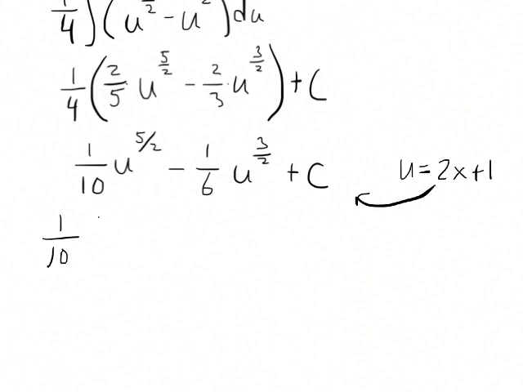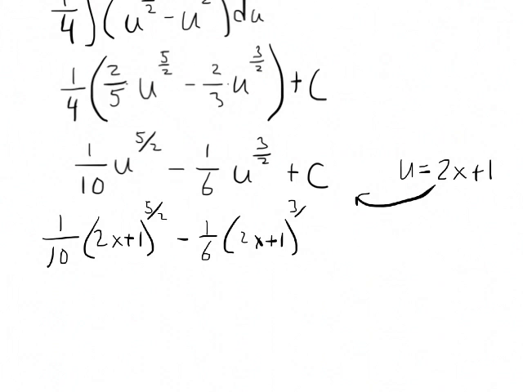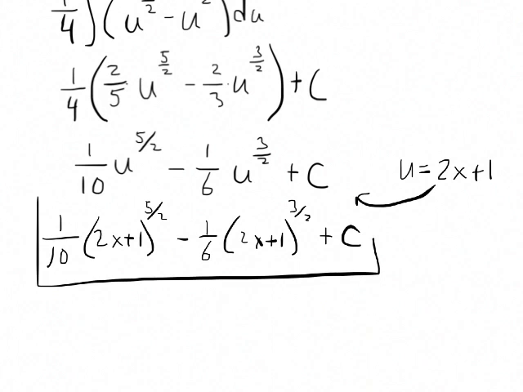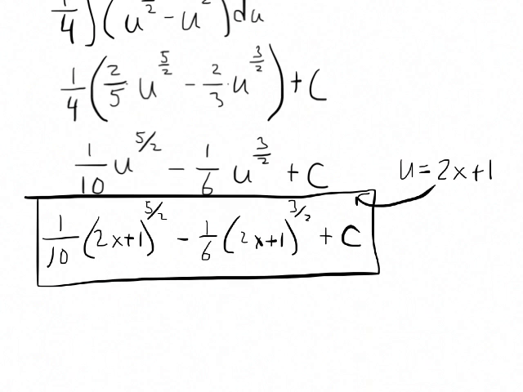I now have 1/10 (2x plus 1) to the 5 halves power minus 1/6 (2x plus 1) to the 3 halves plus c. And in some sense, this answer is done. We rejoice that we even got that far.